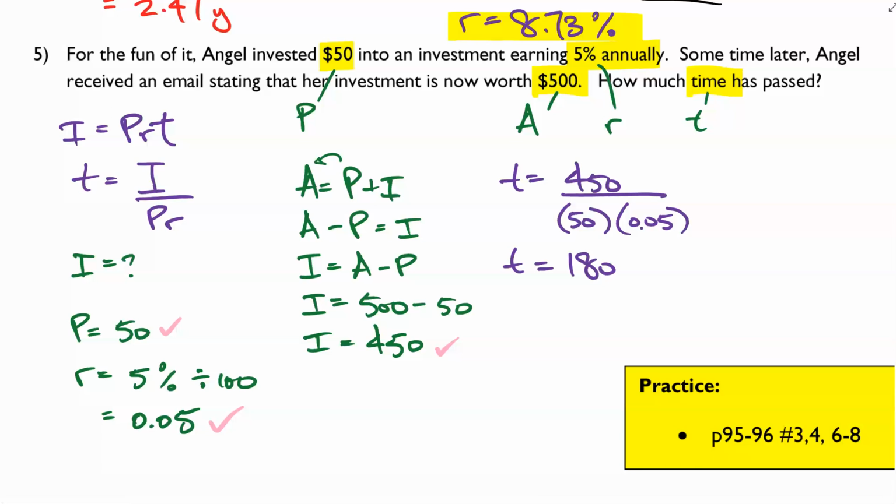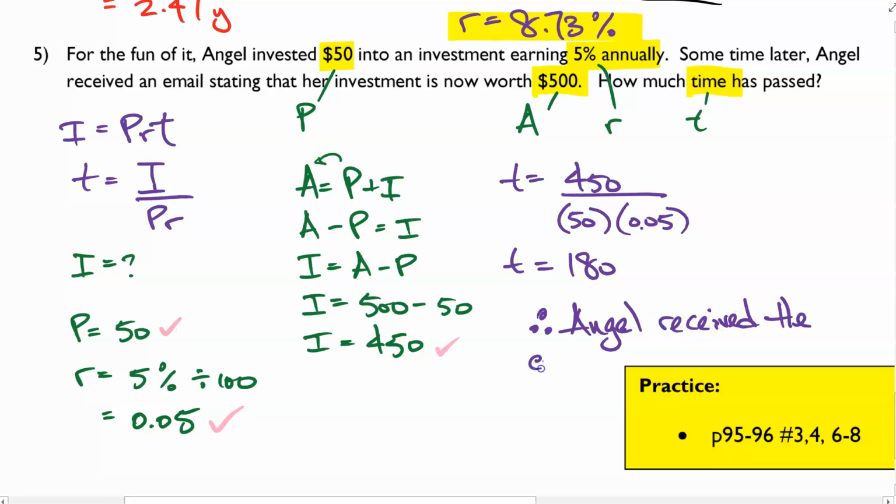What did we figure out? Well, this actually is in years. Therefore, Angel received the email 180 years later.